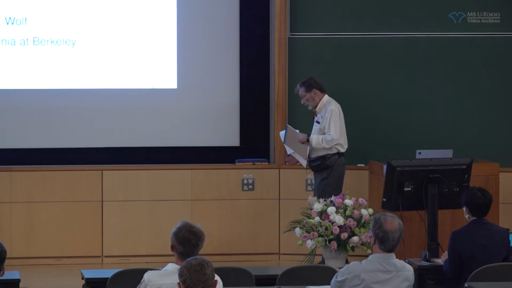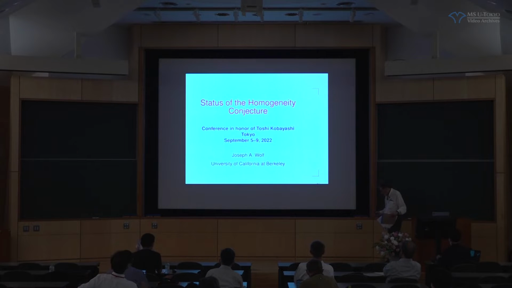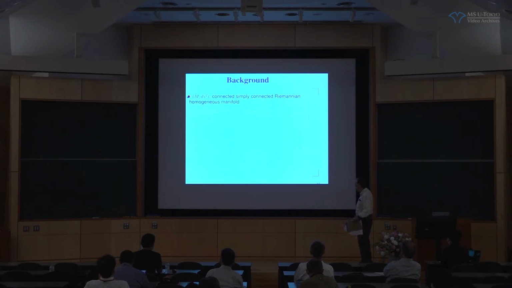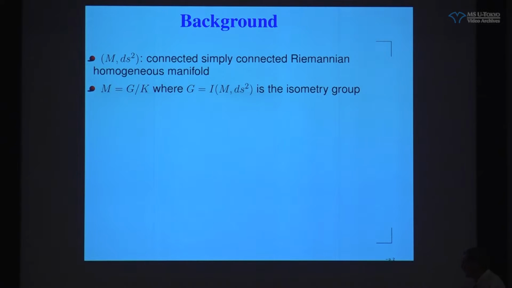We start with a Riemannian manifold, say connected, simply connected, and homogeneous. So the group of isometries is transitive. And we write it as a quotient G/K, where G is the isometry group, and K is a stability subgroup, isotropy subgroup.